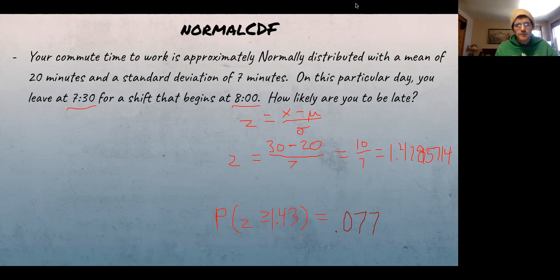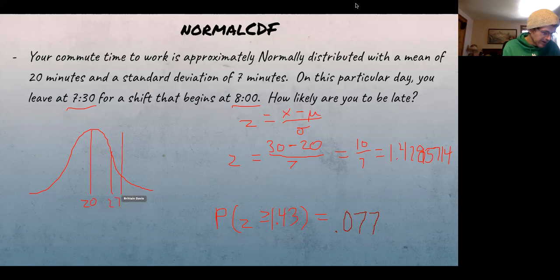Now, even with a problem like this, it's good to have a diagram. That's going to be one of the key things we can use to show our thinking. So my mean is, in this case, I'm not going to put it in standardized form. My mean is 20, here's 27. So I'm just going to put a line right here to represent, this is 30 minutes. So a 30-minute commute time, what's the probability of being in this area where it's 30 minutes or longer?